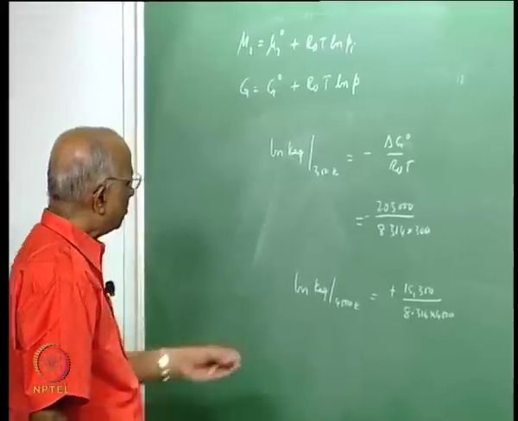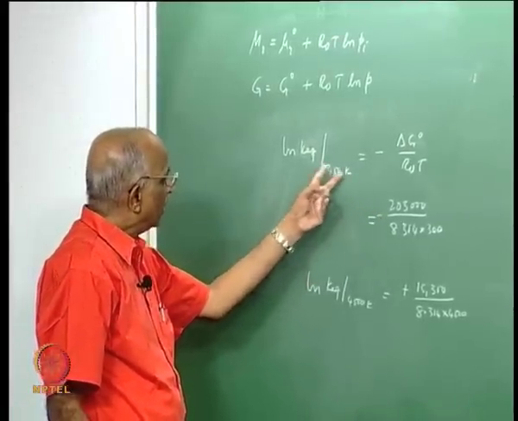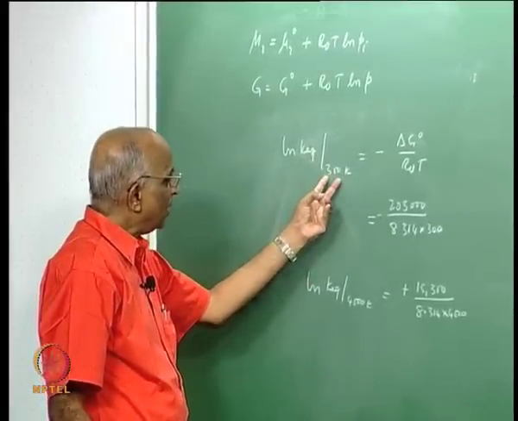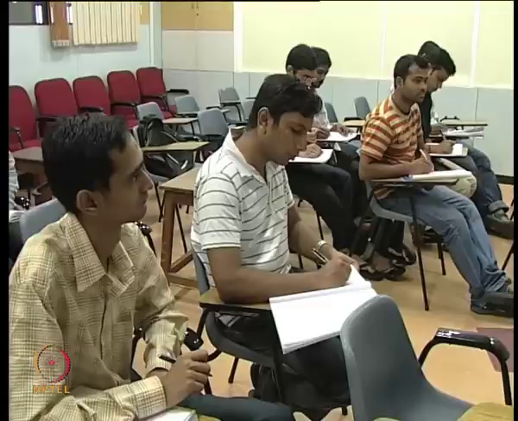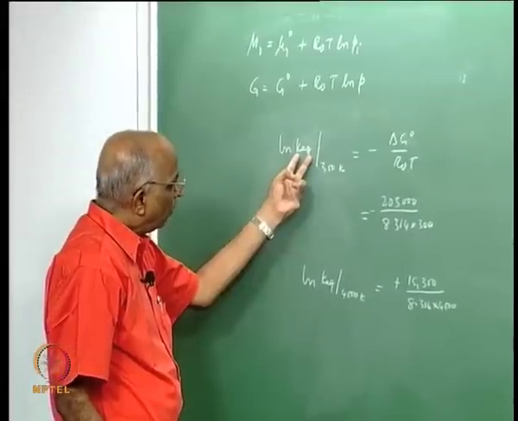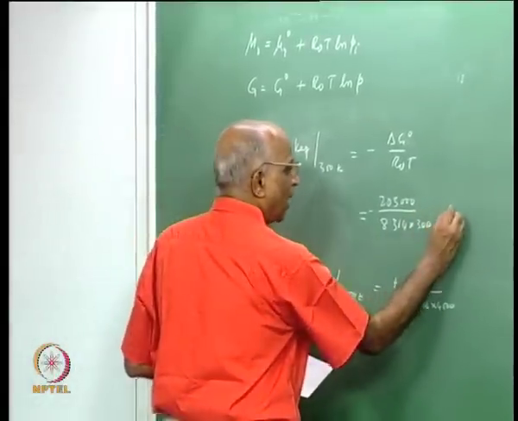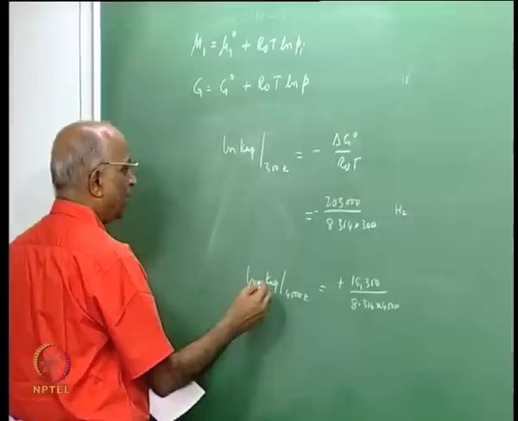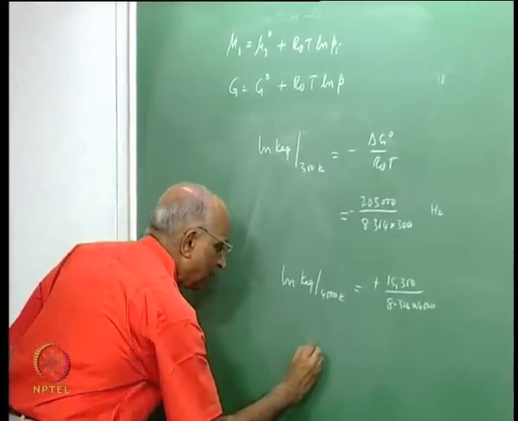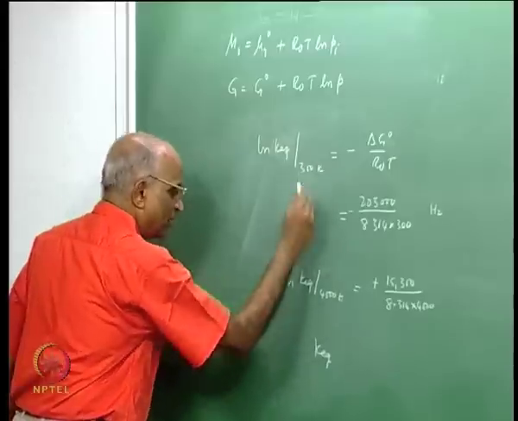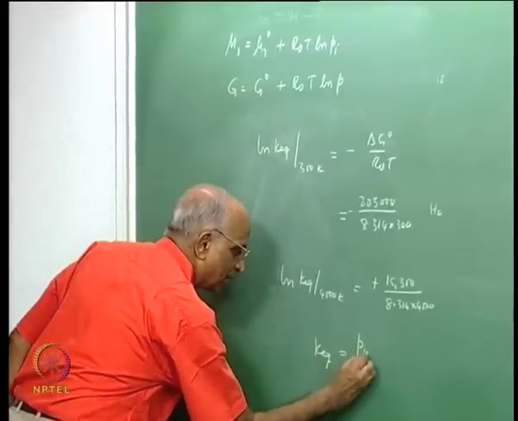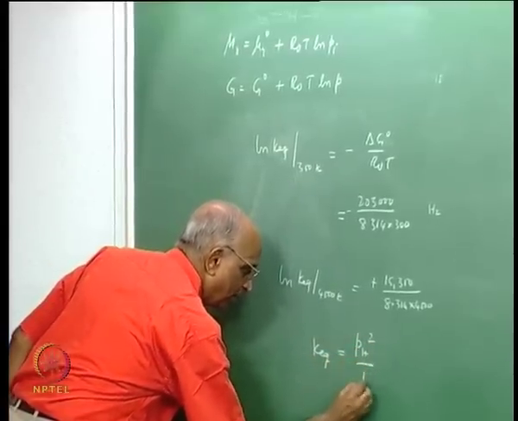What do we observe? At 300, ln K equilibrium is a large negative quantity, and K equilibrium is therefore a very small number, so more hydrogen will be available. The proportion I can always calculate because I know K equilibrium, which is equal to pH squared divided by pH2.